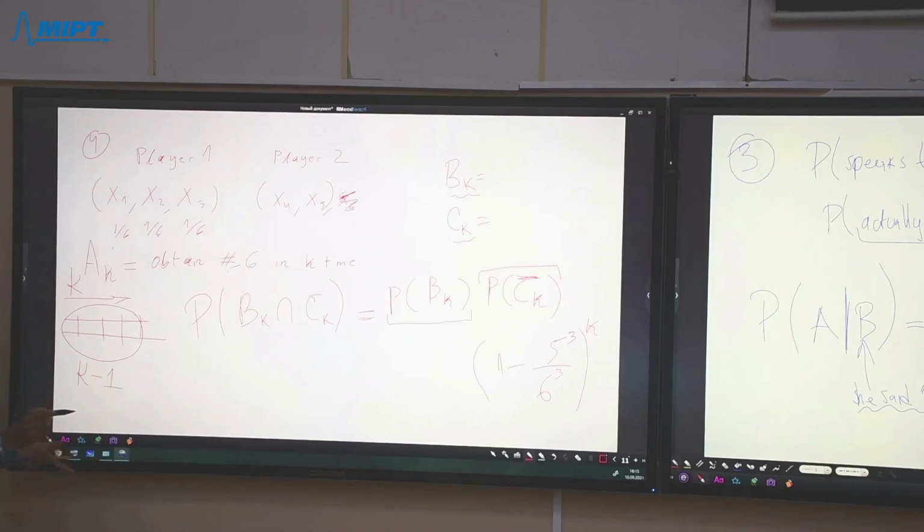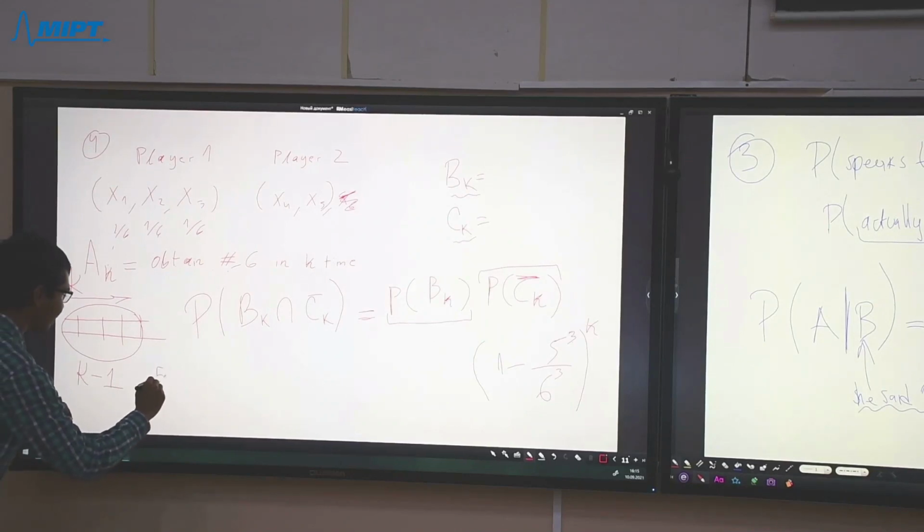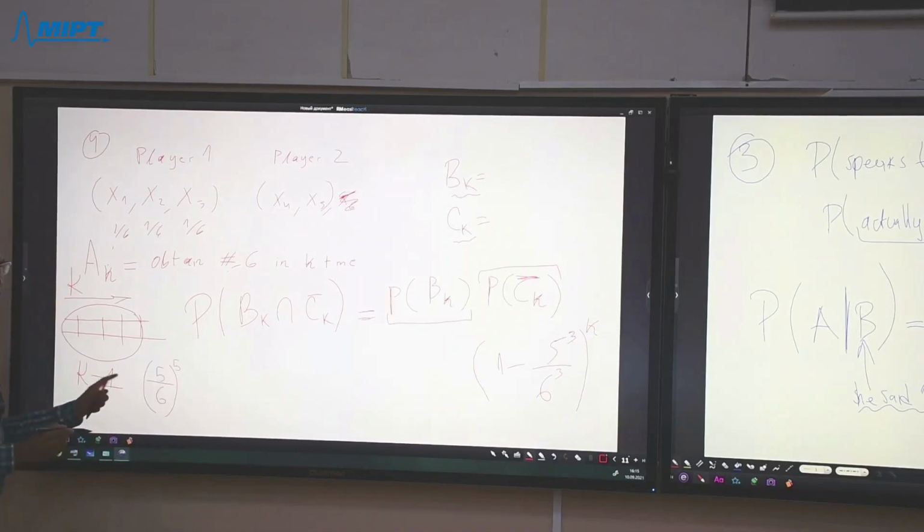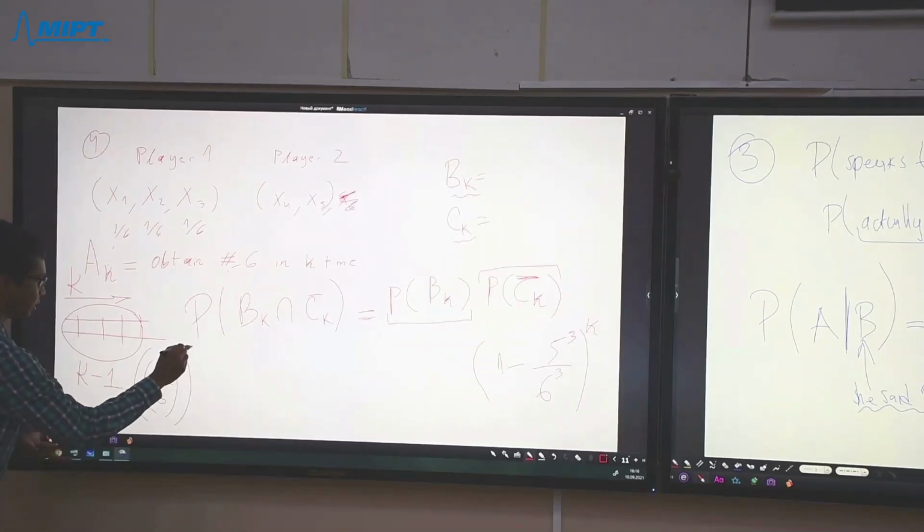That means it is just 5 over 6 to the power 5, because we are rolling 5 dice, and none of them get a 6, to the power k minus 1.